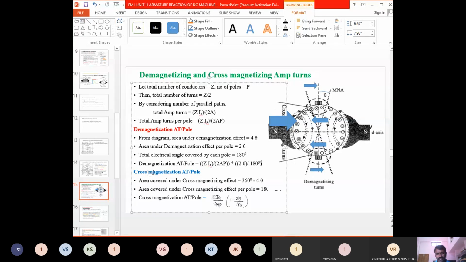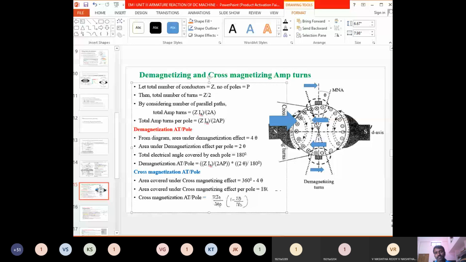And next one is cross magnetization ampere turns per pole. Now I'm finding per pole here. When finding per pole, I need to consider 2 theta. If it is total, then I have to consider 4 theta. Now assume the north pole and the demagnetization ampere turns per pole effect is 2 theta by 180.